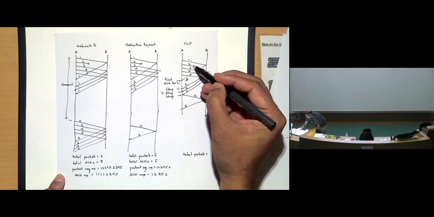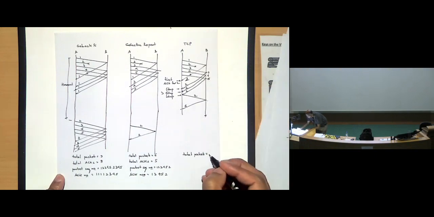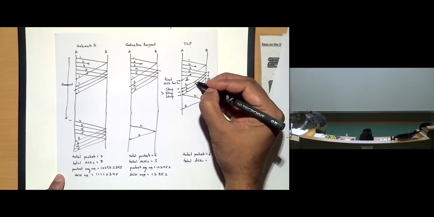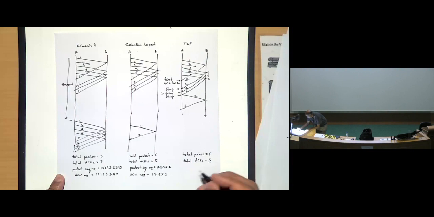So the total packets in this case is 1, 2, 3, 4, 5 and then 1 more, which is 6. Total ACKs, 4 ACKs, then 1, 5. Packet sequence numbers, 1, 2, 3, 4, 5, and then I'm going to squeeze in a 2 here.